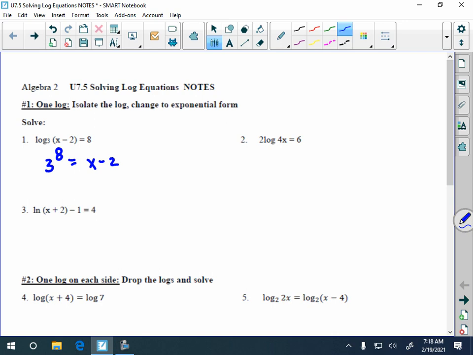We can use our calculator: 3 to the 8th is 6561. We add 2, and we get x equals 6563.